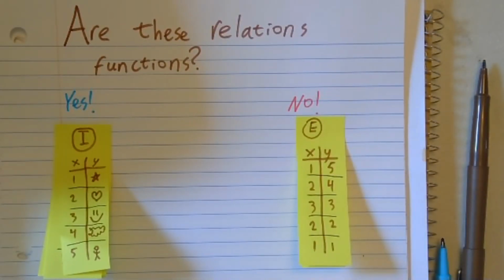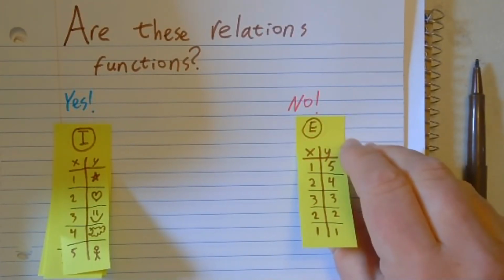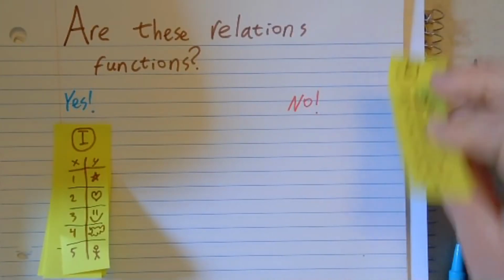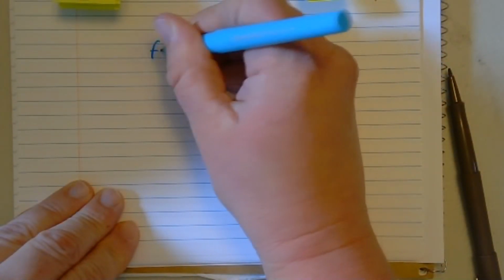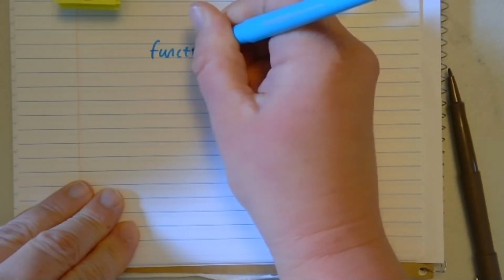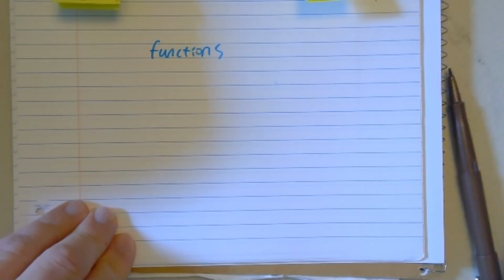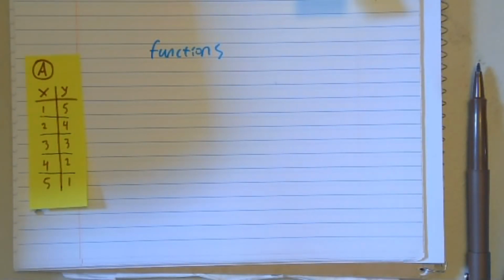So let's take a look at our entire collection of examples and non-examples. So I will just scoot down the paper and we will look at all of our functions. Start out with our first example was a function.